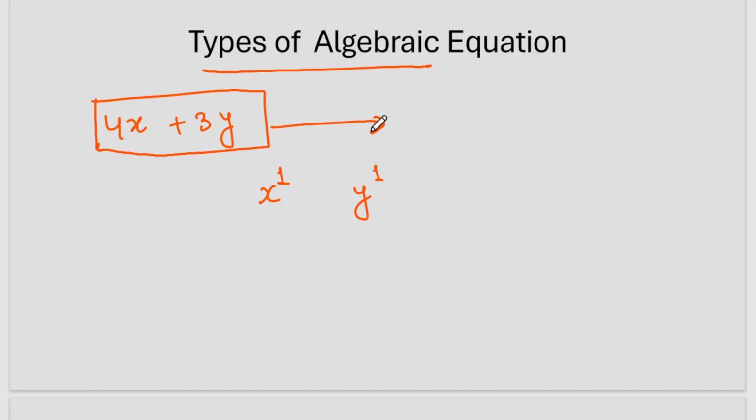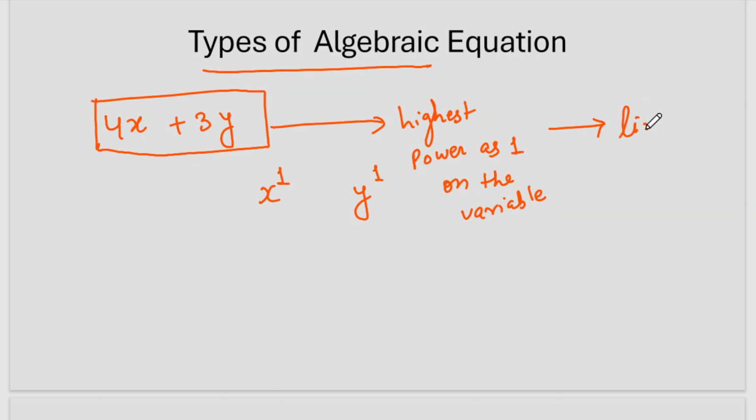So, when you have the highest power as 1 on the variable, that will be called a linear expression. So in a linear expression, whatever expression you have, the power on the variable will be only 1.